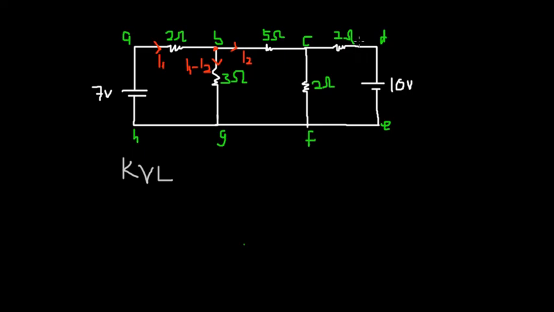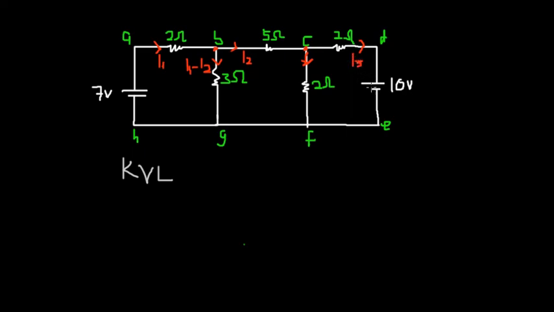Let's say we have another current entering from here. So from here I2 enters this point and then it splits up, and then we have another current entering this portion and moving towards 10 volts. So let's say we have the one moving towards 10 volts to be I3.